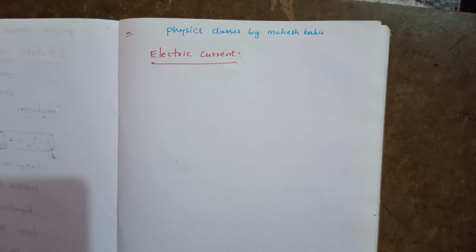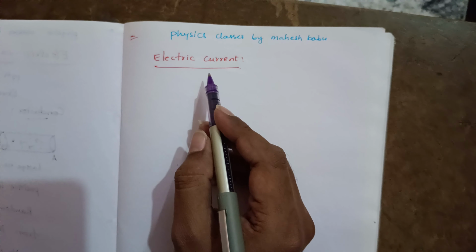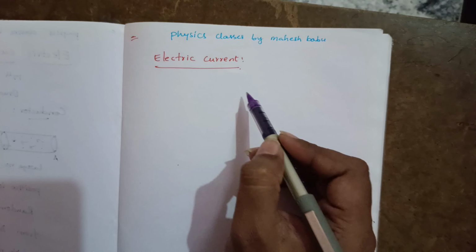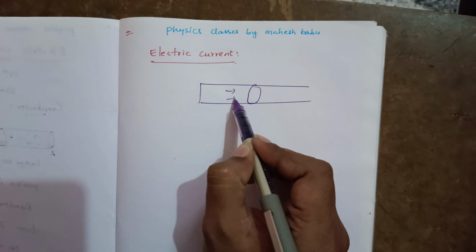Now from that we can write the definition of electric current. Charge is crossing the cross section.